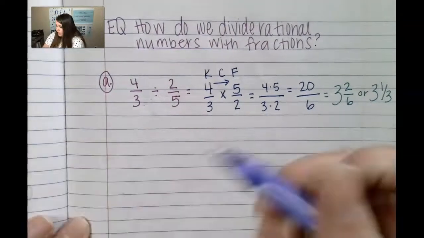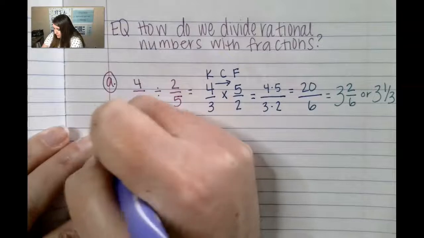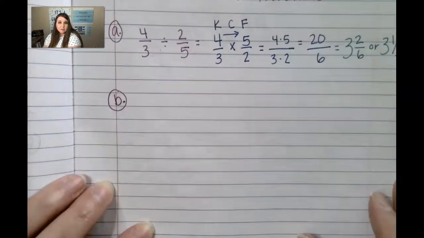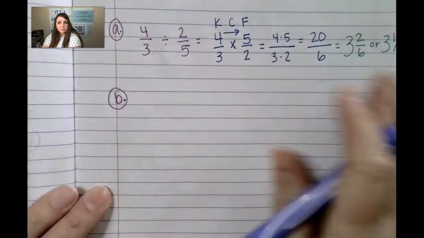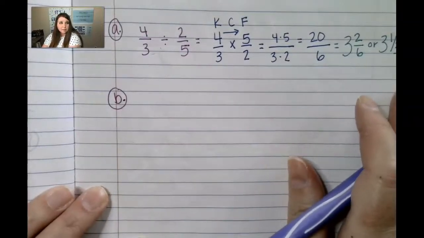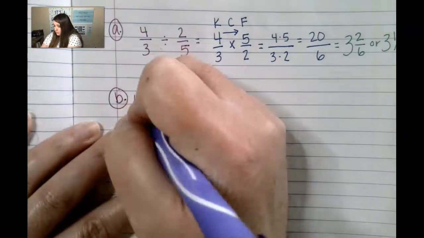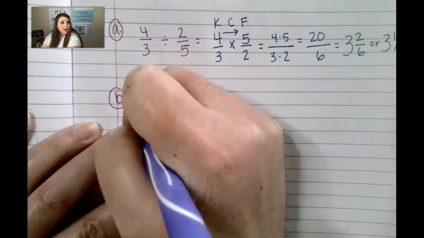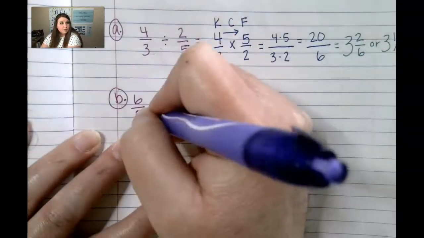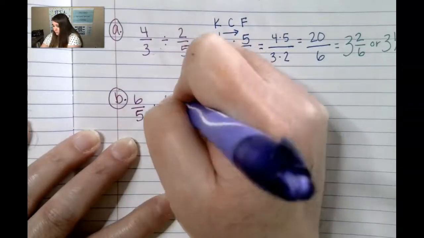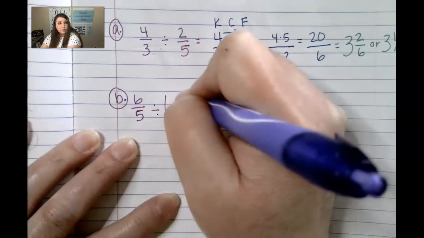Let's go ahead and look at another example. This time I'm going to have you do it where there is a negative in there. So this was a positive times a positive, so we ended with a positive. Now we're going to look at what happens when we have a negative in there. So 6/5 divided by -4/3.